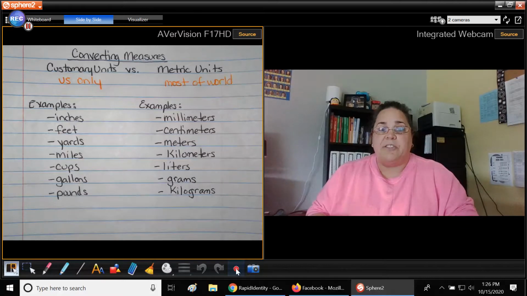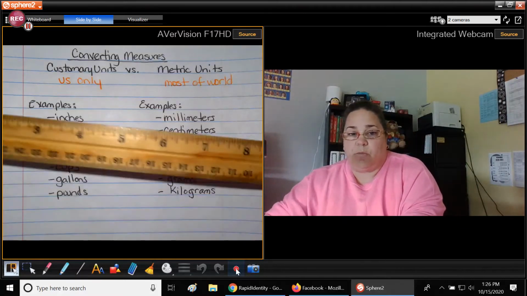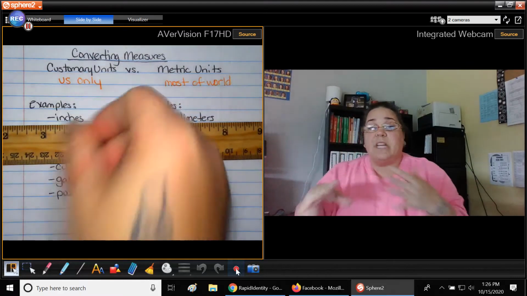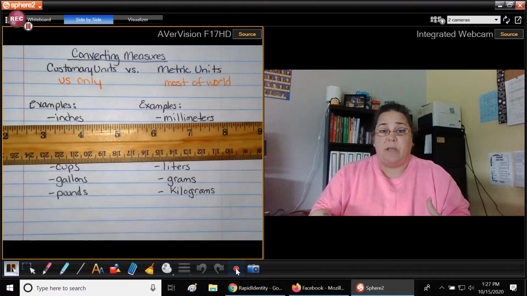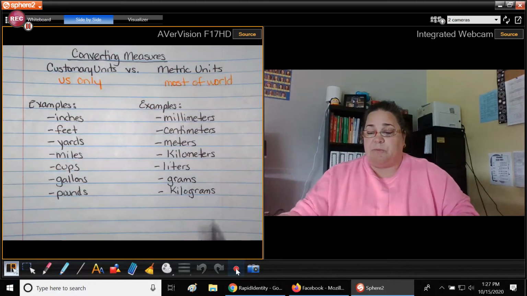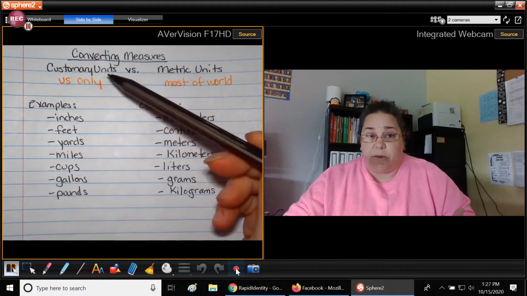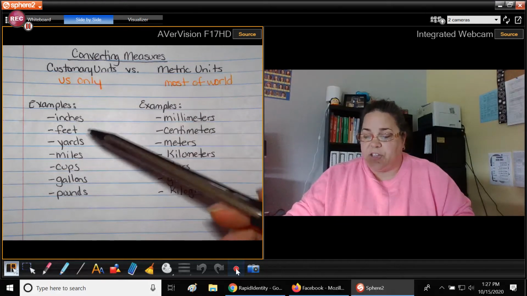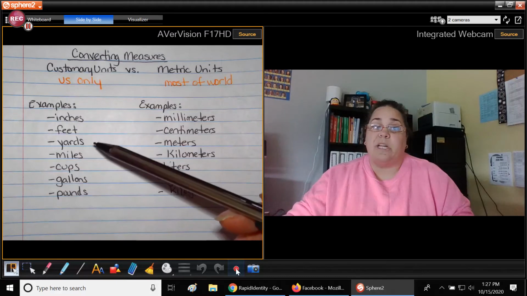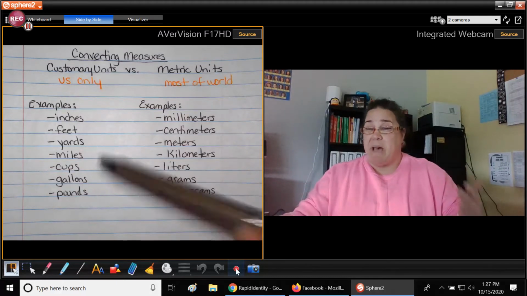This is like our ruler, right? This is an inch, and we're really familiar with inches. Some other examples from our customary units are inches, feet, yards. If you want to measure really big distances, you use miles.